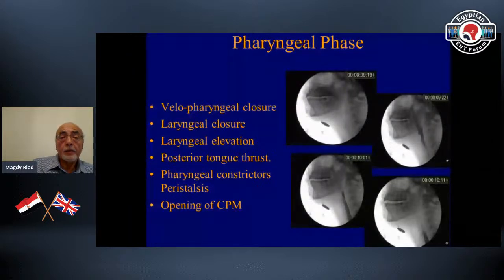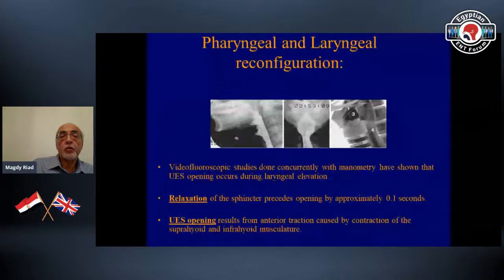Now, remember that the upper esophageal sphincter pressure could prevent the progression of the bolus into the esophagus, but it should relax just before the arrival of the bolus. And it doesn't open up actively, it just relaxes. And what happens is that when the larynx is moved anteriorly and superiorly, the cricoid's posterior plate pulls on the anterior part of the pharynx and opens up the upper esophageal sphincter.